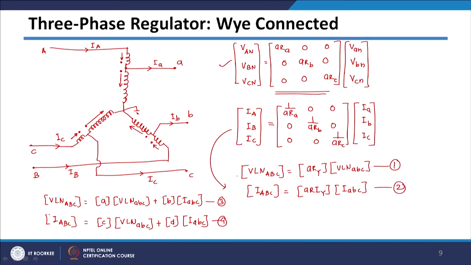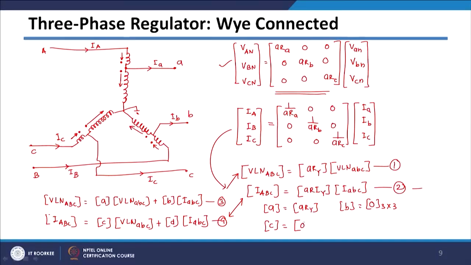So, if you compare 1 with 3, your A parameter will be equal to the ARY matrix, and B parameter will be equal to the 0 matrix of 3 by 3 size, and your C parameter will be again a zeros matrix because there is no term related to VLN in the equation. If you compare 3, 2 and 4, in equation number 2 we do not have a term related to VLN ABC.